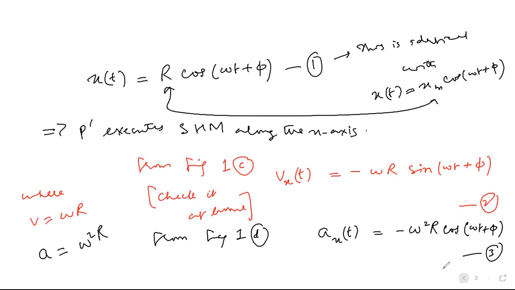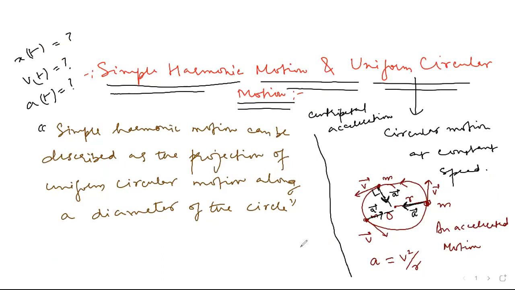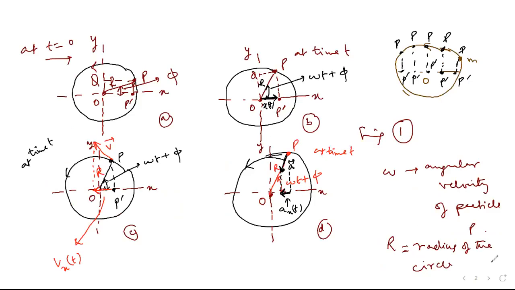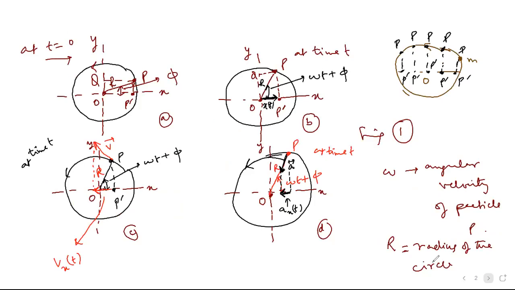You can check it. A is v square by r. V is r omega. When you make the substitution, you write r square omega square by r. We replace v by r omega, and here I am using little r, and in this diagram I am using big R for the radius. So r will go, and it will become r omega square. So r omega square is the acceleration of the particle P moving in the circle.